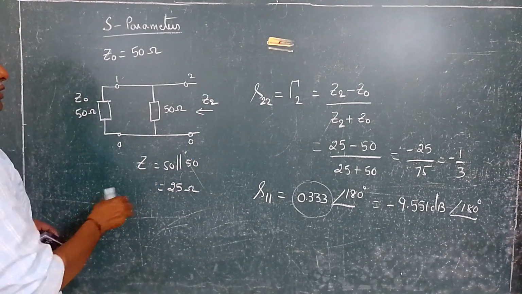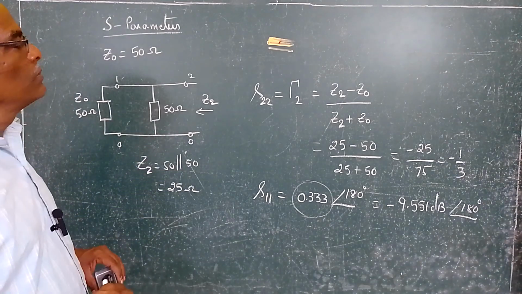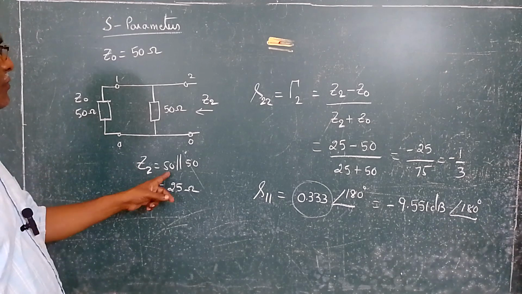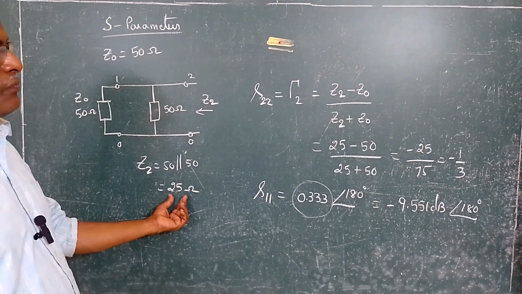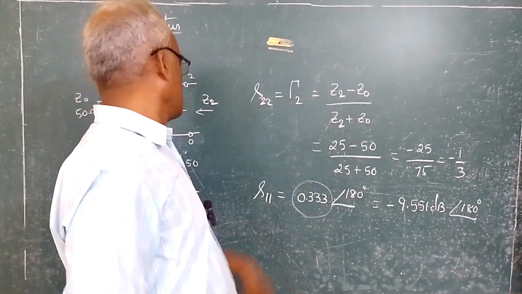If you carefully see, this is a symmetrical network. So when you view from here, 50 ohms in parallel with 50 ohms, so the effective value is 25 ohms. So S22 is gamma 2, which is Z2 minus Z0.